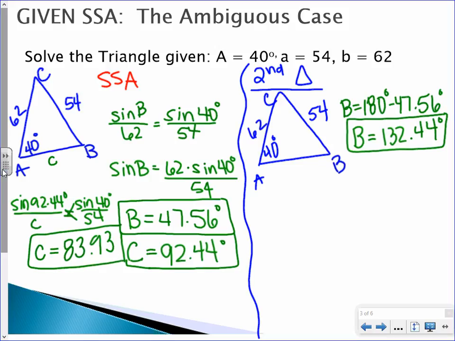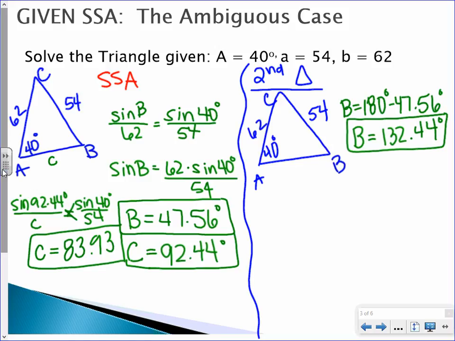Do you notice how I'm boxing my answers? Boxing or circling answers is what I want to see on your quiz on Thursday. It makes it easier for me to grade. You're welcome to label your triangle as you find answers, but I do want to see boxed or circled answers in your work. Also, in a few days, I must see your setups.